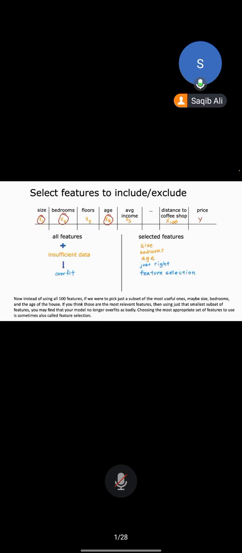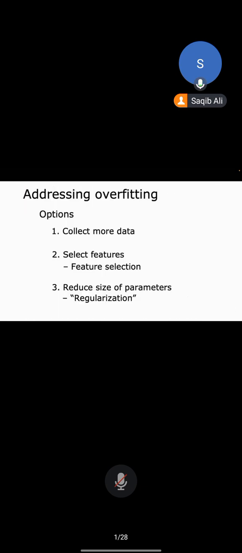Collect more data, but sometimes it is challenging to increase the size of your data. Feature selection is also challenging because we do not know which feature is important and which might not be important.